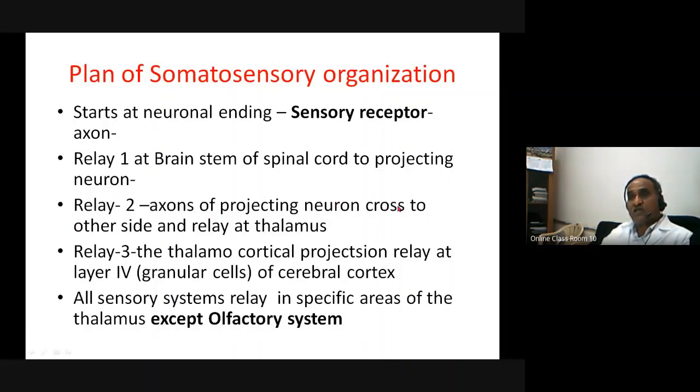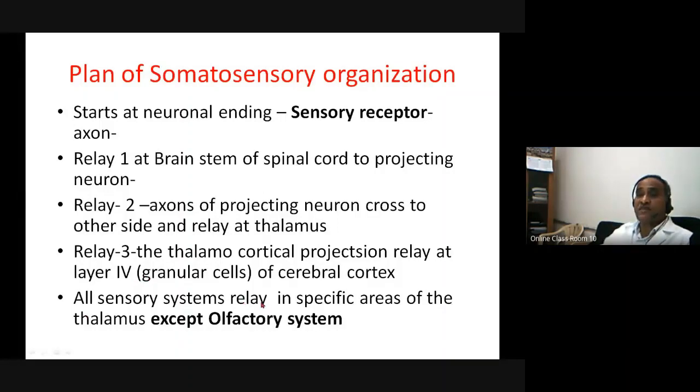They project and cross to the other side and relay in the thalamus. And from the thalamus, thalamocortical projections relay at layer 4, the granular cells of the cerebral cortex. In the cerebral cortex, layer 4 is the area which receives the inputs from the thalamus.